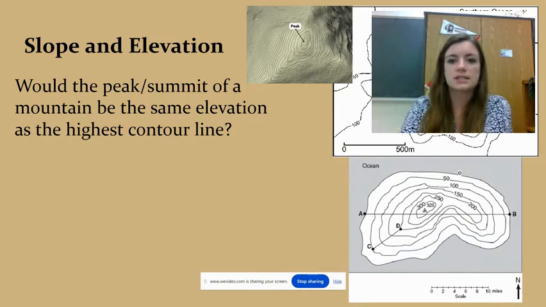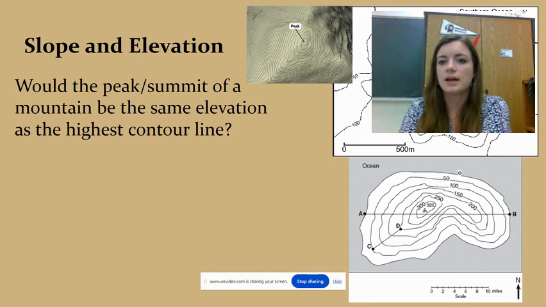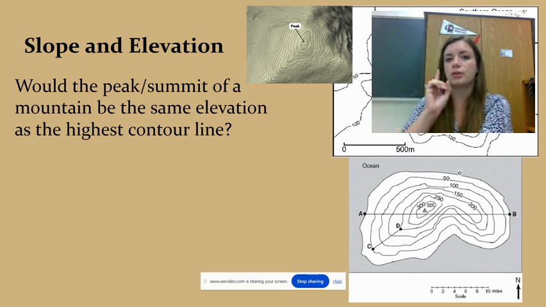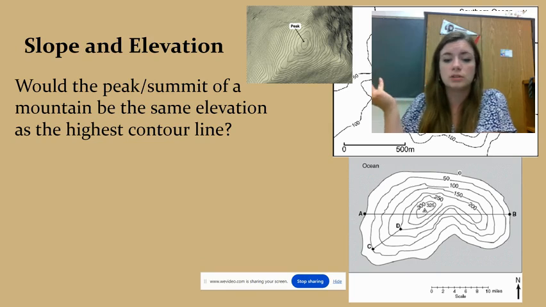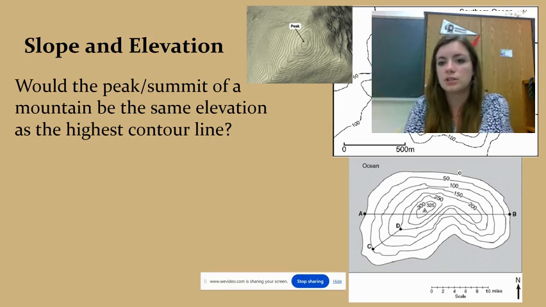So the summit, which is the same thing as the peak, is above this 350 contour line. So I know that the peak of this mountain is going to be higher than 350, but how much higher? Well, because there's no other contour line, it has to be less than what that contour line would be equal to. So I have to figure out what the next one would be equal to.